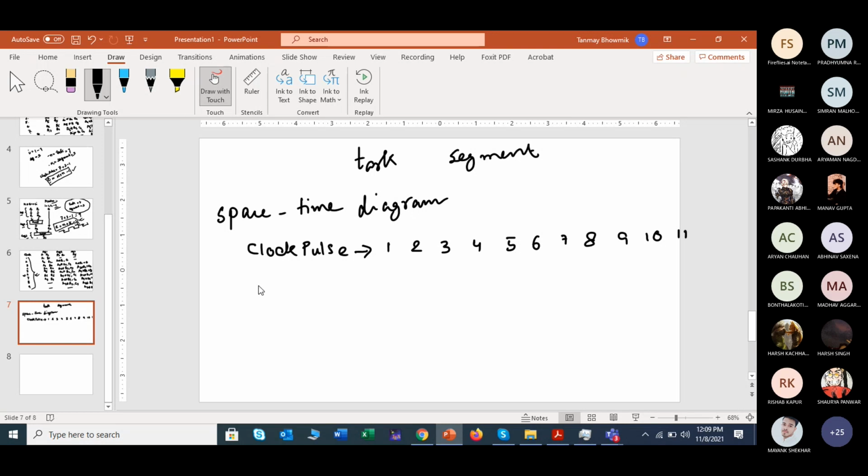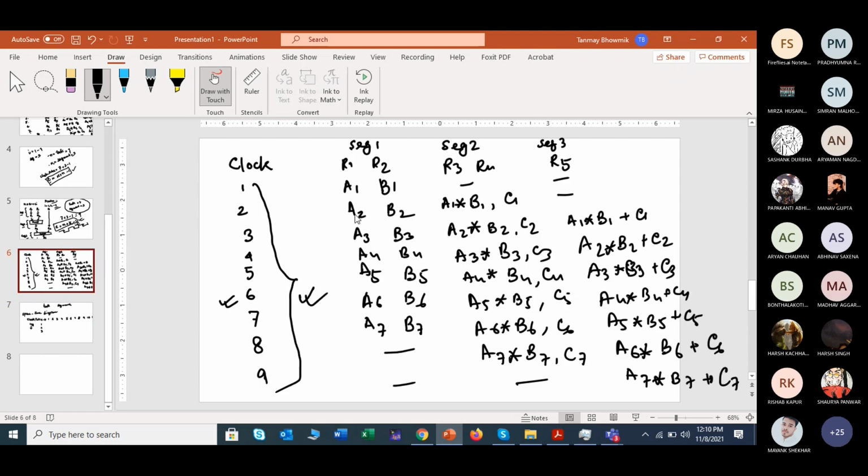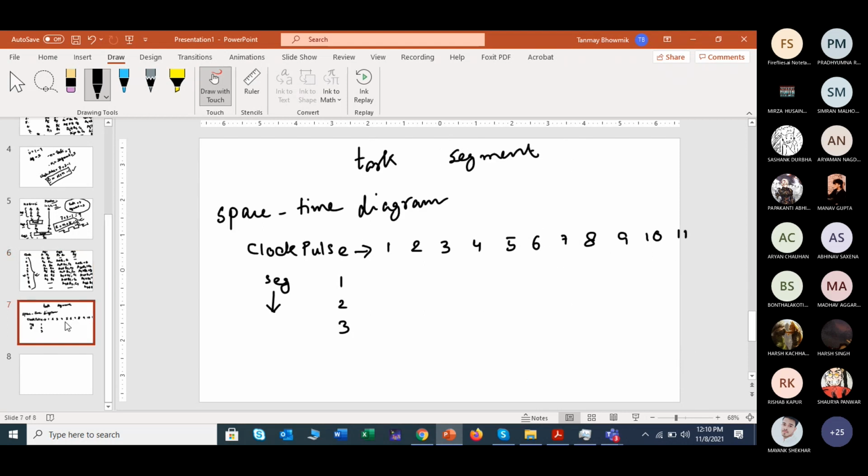So how many segments have we used till now? It was 3 segments. So you can write first segment, second segment, third segment, right? Now, if you consider that this A1, B1 task is T1, this A1, B1, C1 task is T2, and like this it will be continued, then you can say that on the first segment and on the first clock pulse, you have completed your first task.